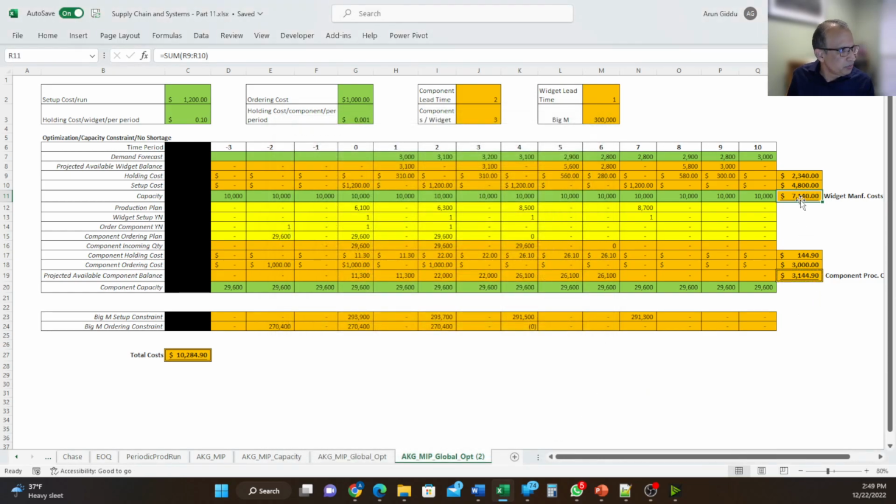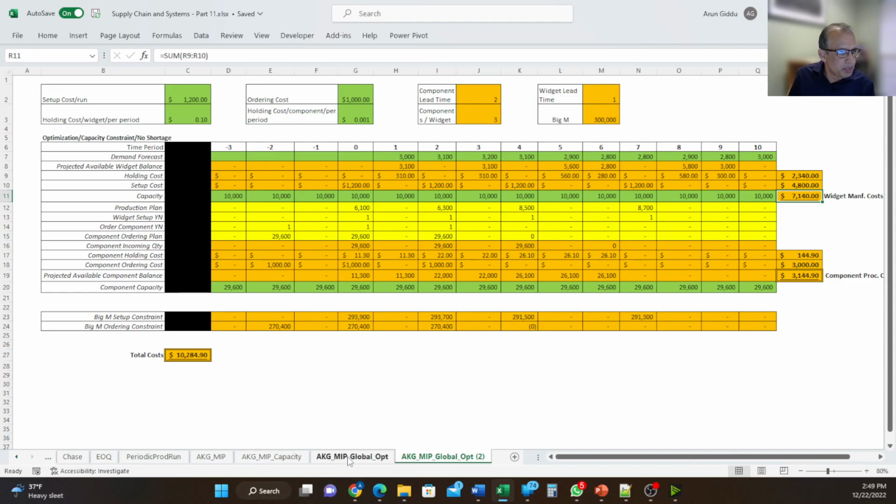And then it has left the manufacturing alone, and it says that the cost of purchasing, if optimized by itself, is 3144 and a total cost of 10,284, which is the sum of these two costs, manufacturing and purchasing.